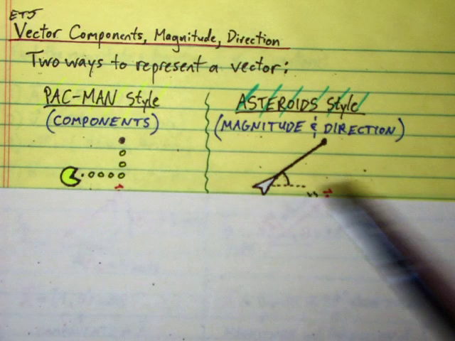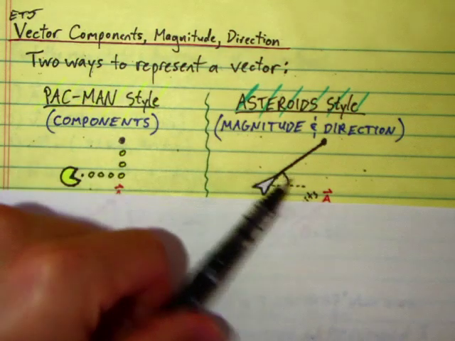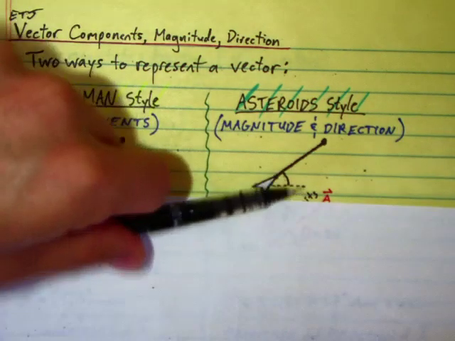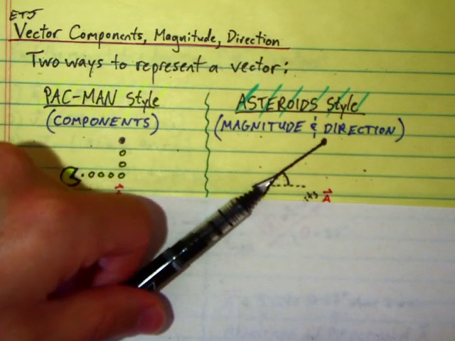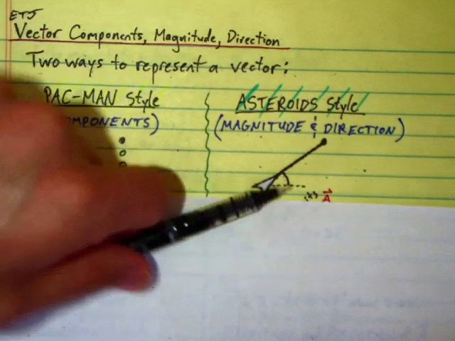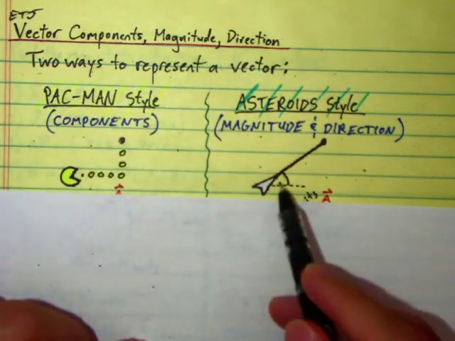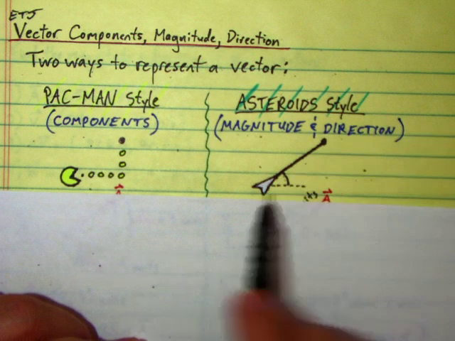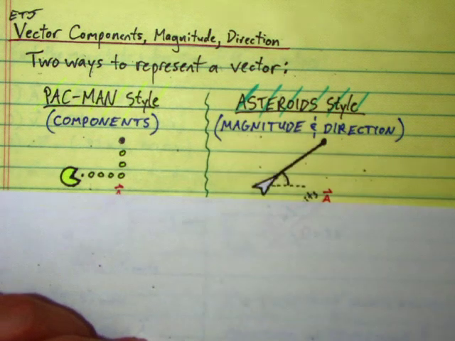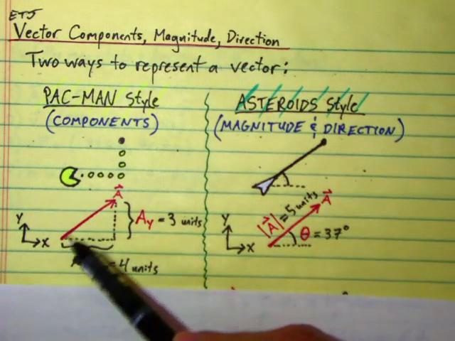In Asteroids, on the other hand, your spacecraft is able to rotate 360 degrees, point itself in the direction it wants to travel, and then travel directly along that path. So it gets to choose an angle and then a distance it wants to travel. The angle corresponds to the direction of the vector, and the distance it travels in that direction corresponds to the magnitude of the vector.